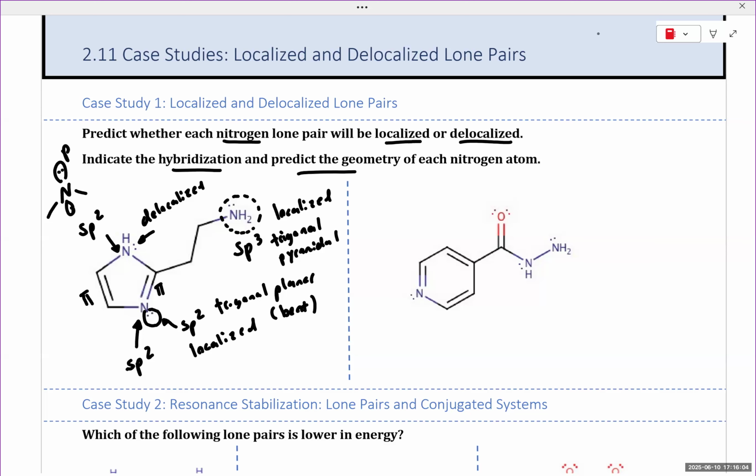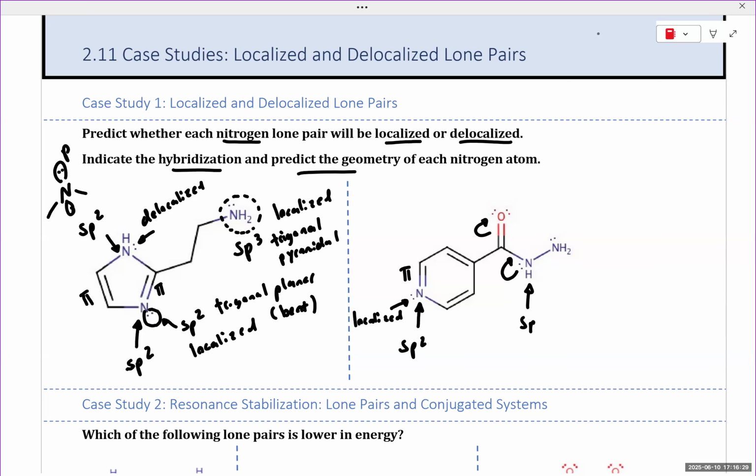So looking at this first case, we have a nitrogen with 1, 2 bonded atoms and a lone pair and a pi bond. This nitrogen is sp2 hybridized and this lone pair is localized. This nitrogen here has 3 bonded atoms and a lone pair, but that lone pair is adjacent to a pi bond.